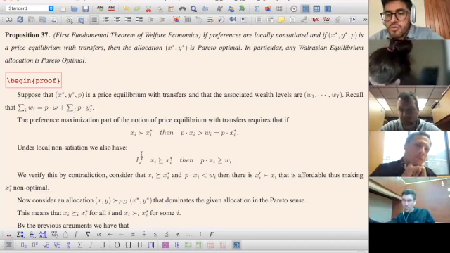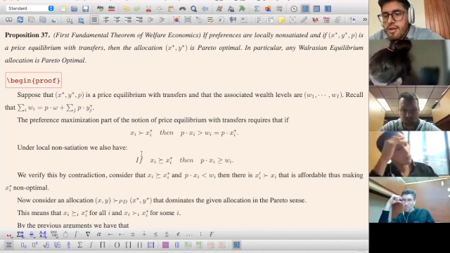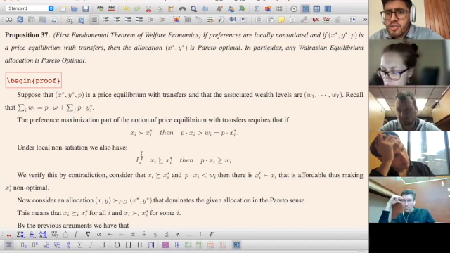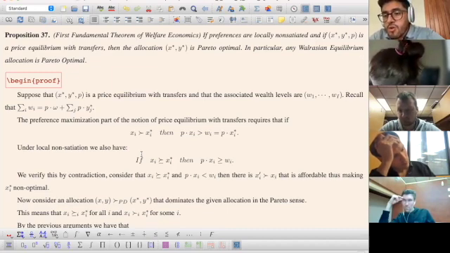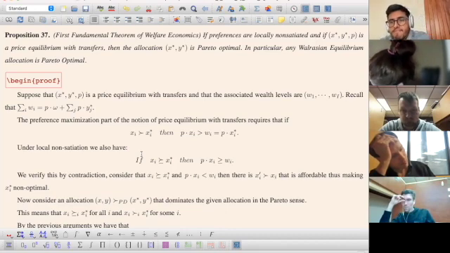So both things are possible. Whenever you see that, you have to compute and see it for yourselves. You cannot apply the theorem anymore. Now, if you're lucky and you see in the problem set preferences that are locally non-satiated, and the rest of the assumptions are there, then you can conclude quickly that this is Pareto optimal. This is the role of the first welfare theorem. Okay, any questions here?